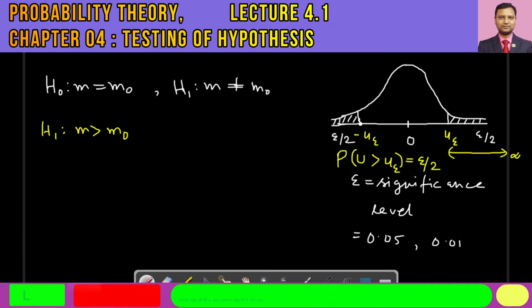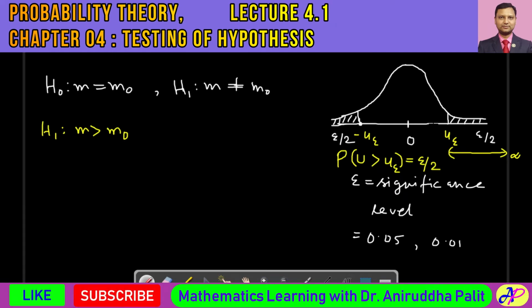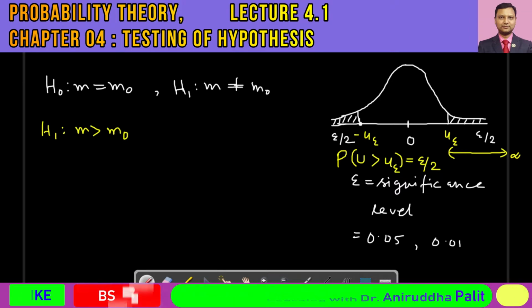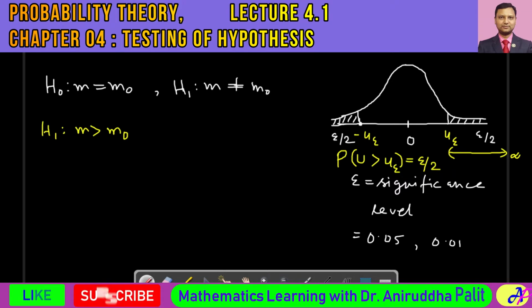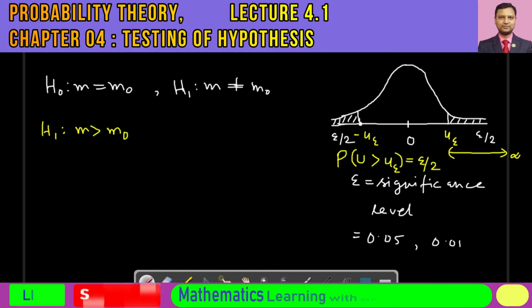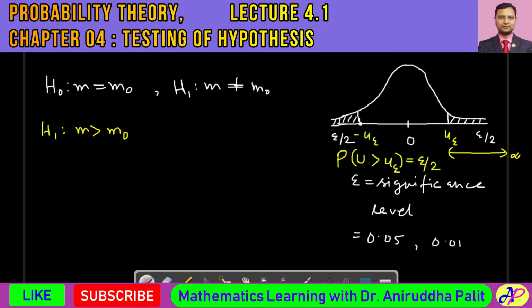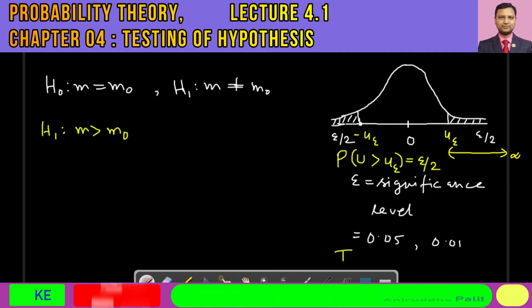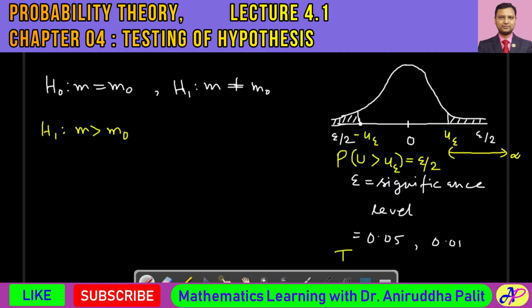In that case the critical region will change, and this type of test is called a two-tailed test. Over here the critical region extends on both sides.